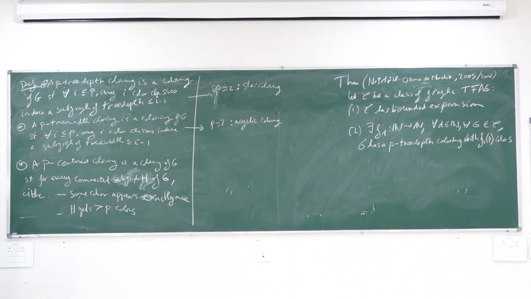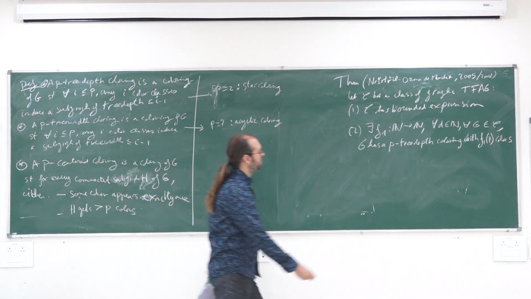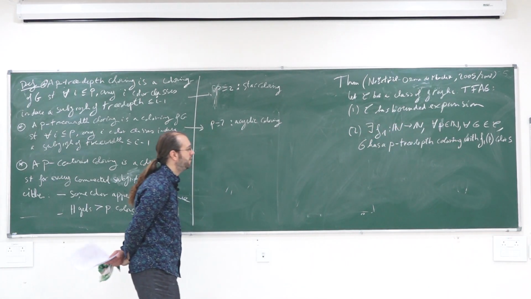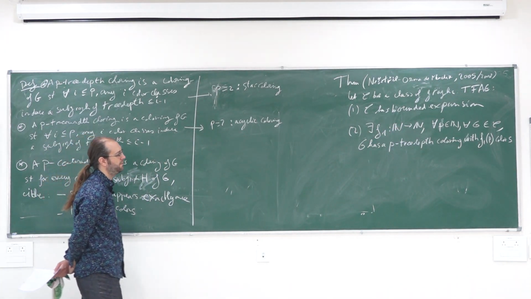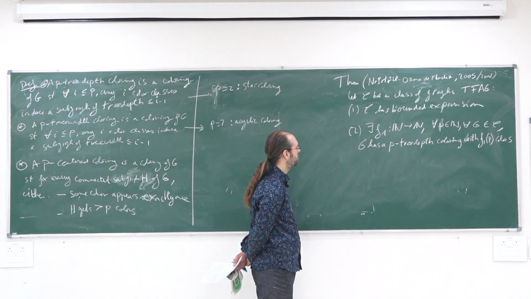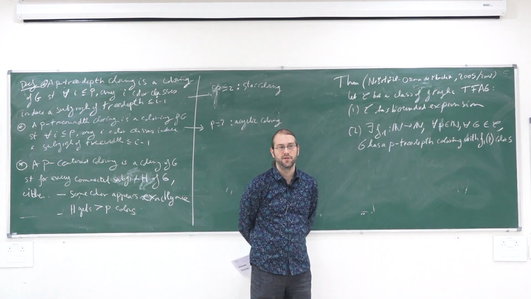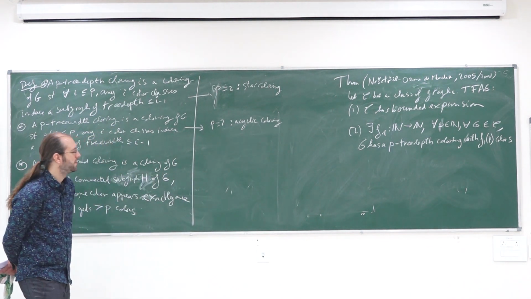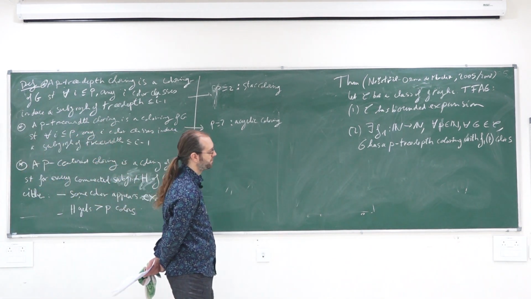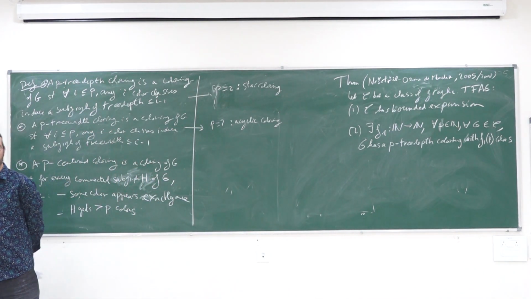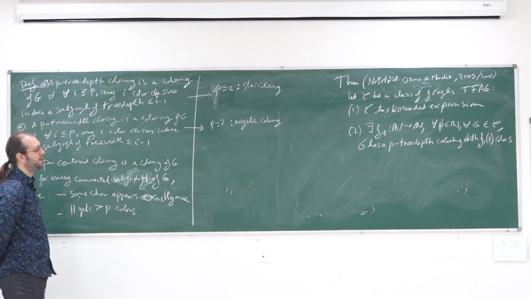The class of graphs has bounded expansion if and only if for every integer p, you have a function such that for every graph, you can show that your graph has a p tree-depth coloring with not so many colors. So this time I'm bounding the colors, but it's some function of p. This is the same as having bounded expansion. That's what they showed.